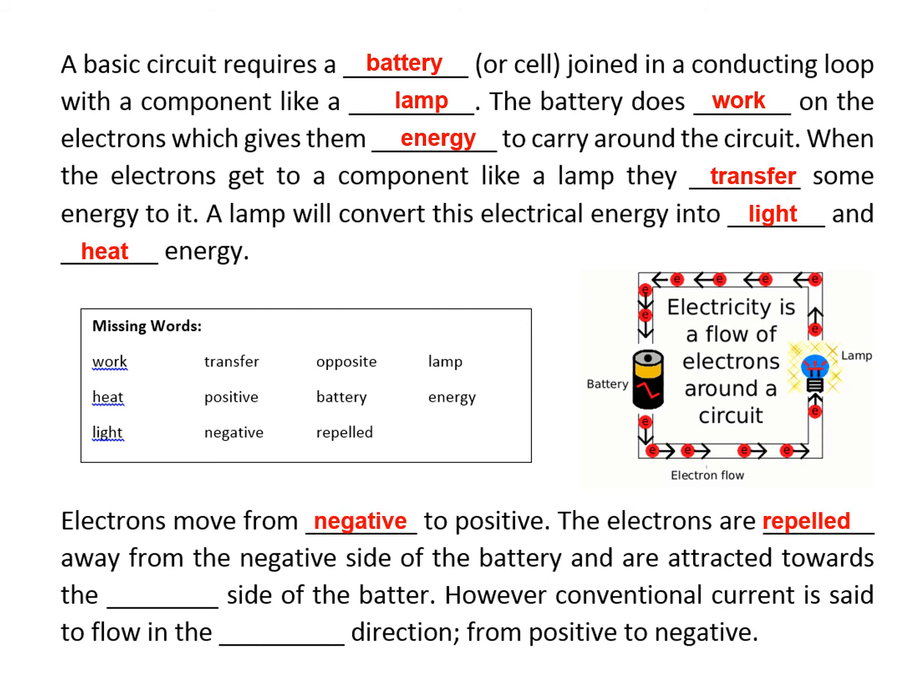The electrons are repelled away from the negative side of the battery and are attracted towards the positive side of the battery. However, conventional current is said to flow in the opposite direction, from positive to negative. Should be a little y in there. I'm going to put some of these paragraphs onto It's Learning. You're going to have to choose the right words, so make sure that you listen carefully.